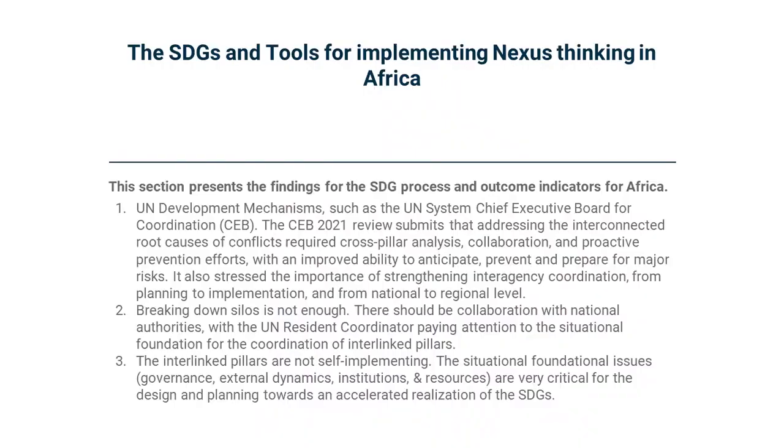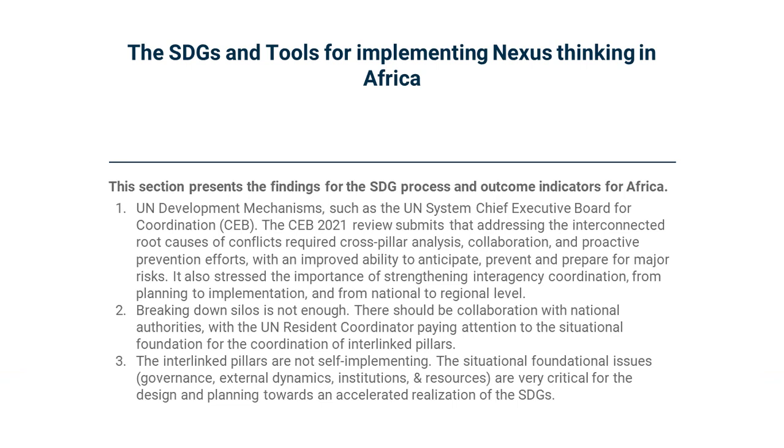The SDGs and tools for implementing Nexus thinking in Africa. This section presents the findings of the SDG process and outcome indicators for Africa. 1. UN development mechanisms, such as the UN System Chief Executives Board for Coordination, CEB.